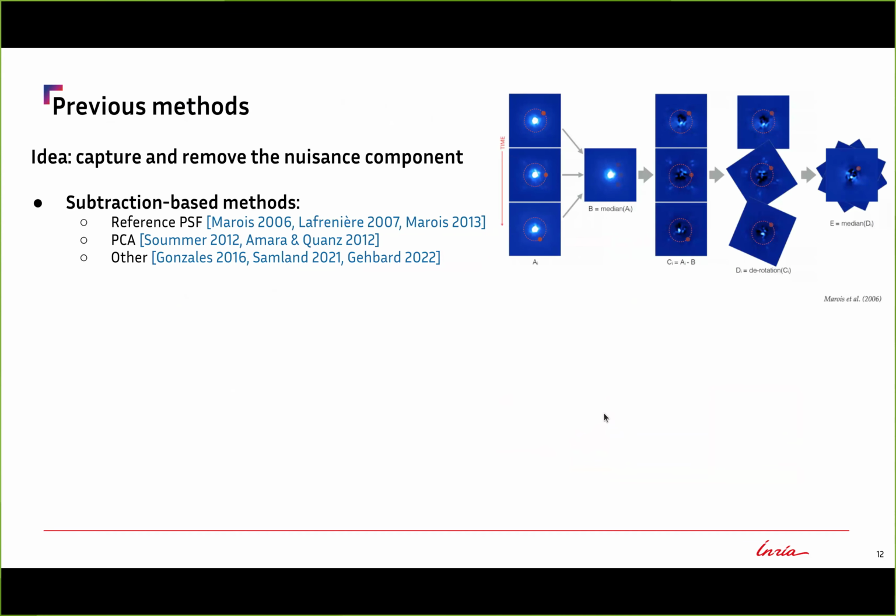So what are the main methods to solve this problem? The first class of method is a subtraction-based method. In these approaches, we try to construct what's called a reference PSF. So we try to reconstruct a model of the stellar PSF that will then be subtracted, so that hopefully there is only the signal of the exoplanet remaining. There are a lot of methods that work this way.